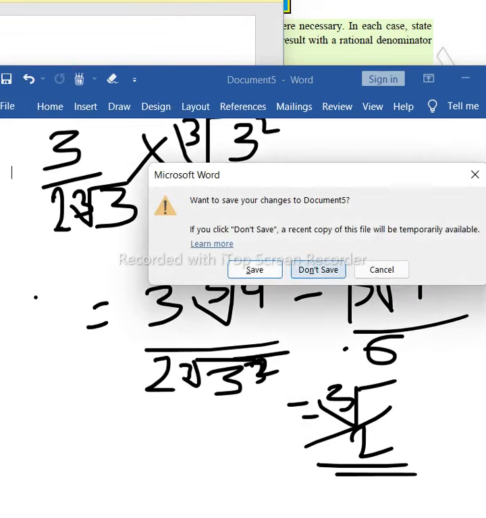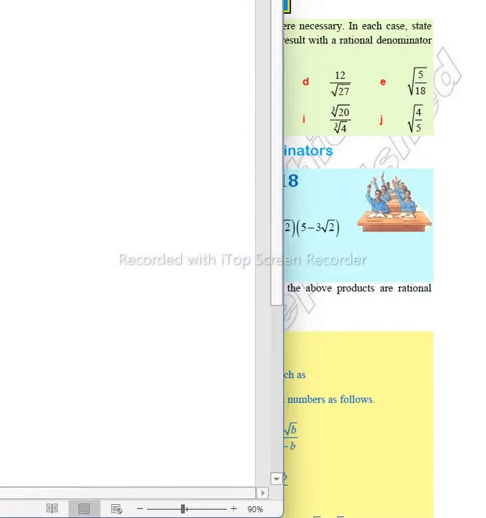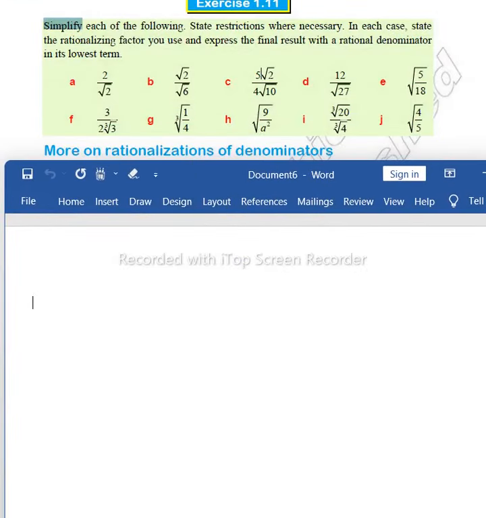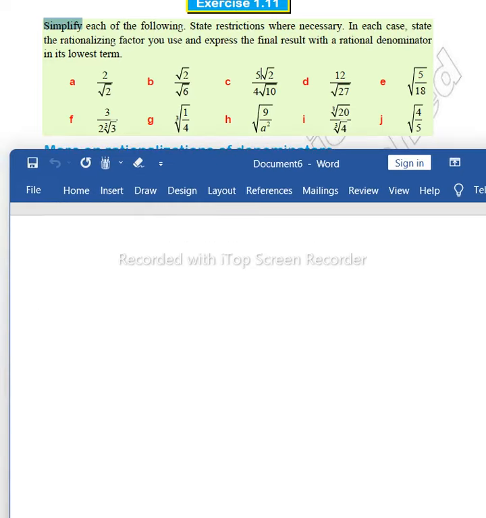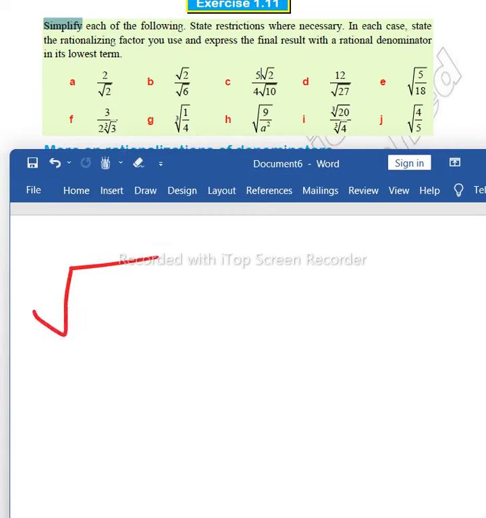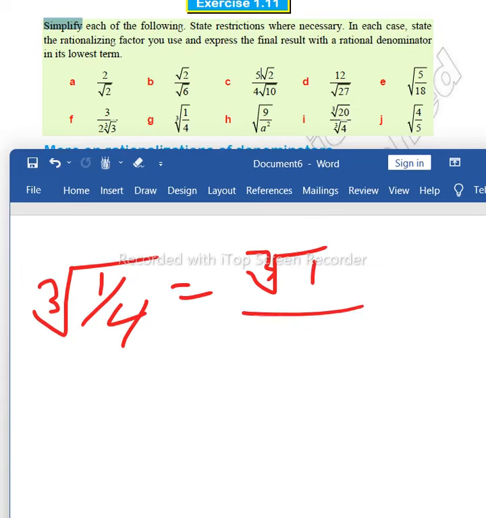And let us see the next question, G. We have a given number, the cube root of the cube root of 1 over 4, which we can write as the cube root of 1 over the cube root of 4.